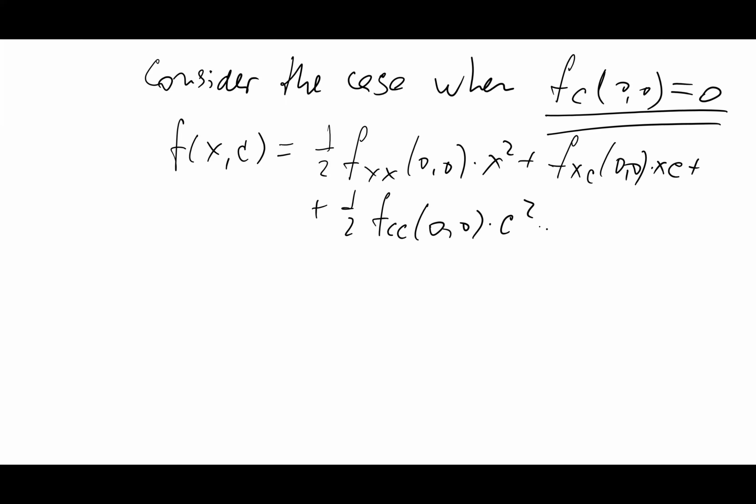So we can put it like this. We will call this b, we called it b before. This will be called d, sorry. And this will be called e. Therefore, we will have the approximation to our equation, x dot equal to bx squared plus dxc plus ec squared.